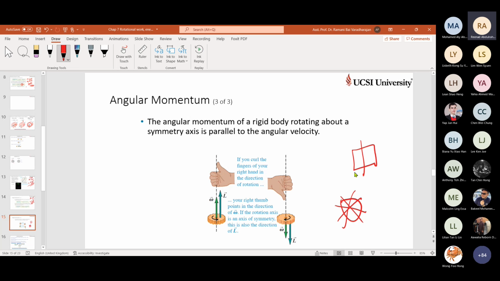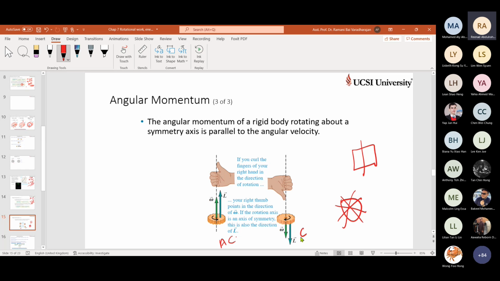So a symmetric geometry will have both the velocity and the momentum in the same direction. Both are vectors, both are in the same direction. If it is clockwise, this way. It depends. Sometimes some mechanics use this as clockwise and this as anti-clockwise. So they follow each other.